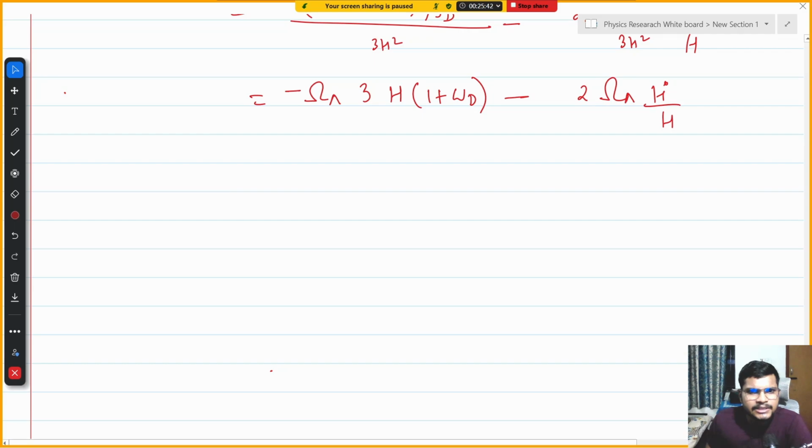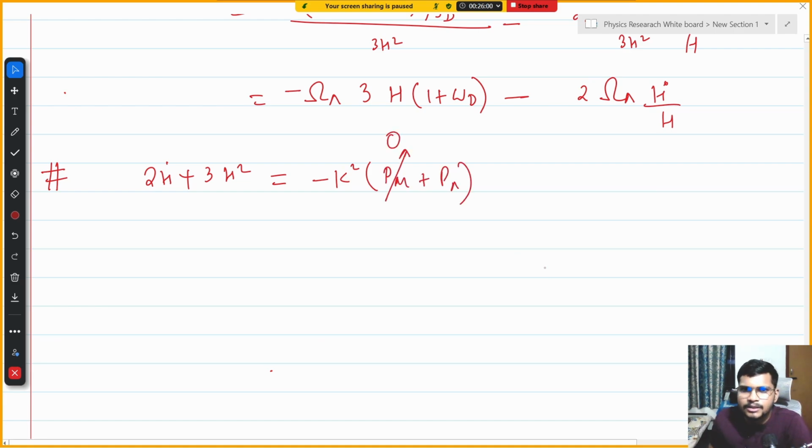Now you have the second Friedmann equation, which you can get by equating the spatial component of Einstein's field equation. It tells you that 2H dot plus 3H squared is equal to minus kappa squared times p m plus p lambda. The p m term will be gone because we know that dark matter is pressureless, as the data is hinting us.